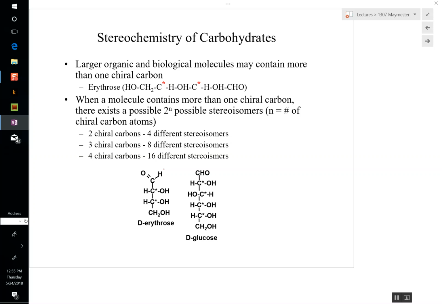All right, so now let's take this one. Remember, this one was not superimposable on that one. So we're going to do the same thing with this one. With the aldehyde at the top, CH2OH at the bottom.